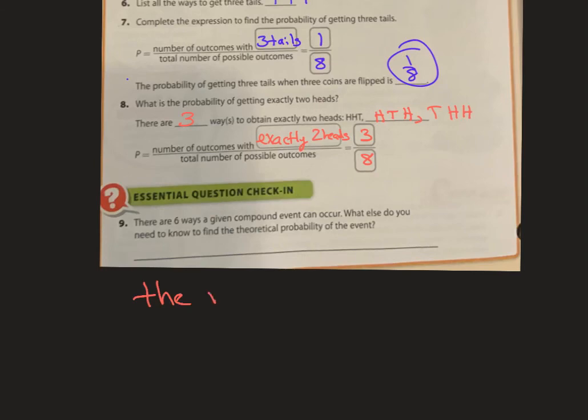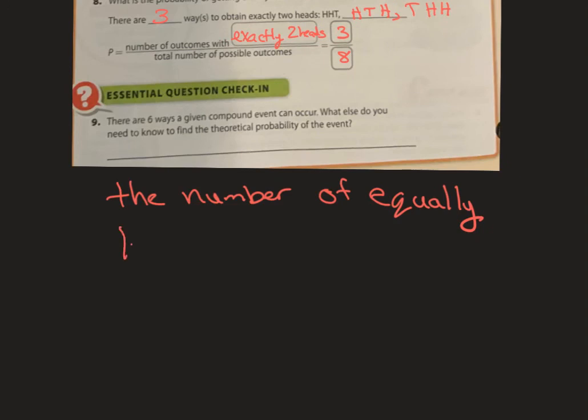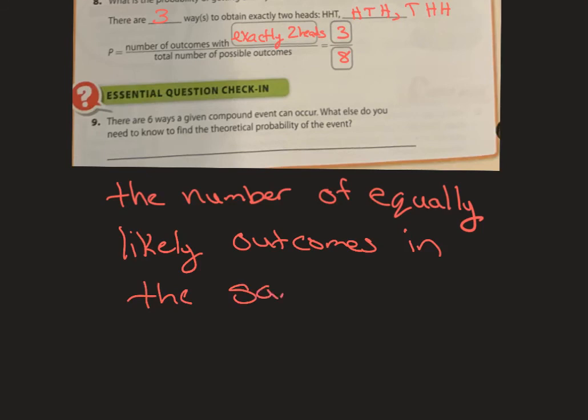So you need to know the number of equally likely outcomes in the sample space. So you don't just need to know how many times it occurred, but also how many equally likely outcomes there are in that sample space.